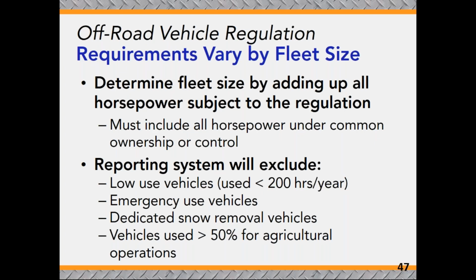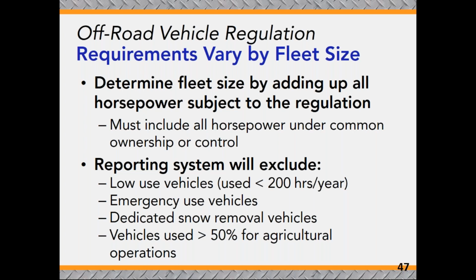So we'll get into this a little bit in more detail later in the presentation, but as a quick breakdown, the way that the off-road regulation works is that it's a fleet rule. So you report every piece of equipment in your fleet that meets the definition of an off-road vehicle under the regulation. This includes all the vehicles under common ownership, whether or not they're kept at the same facility.